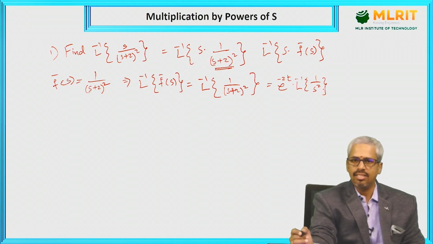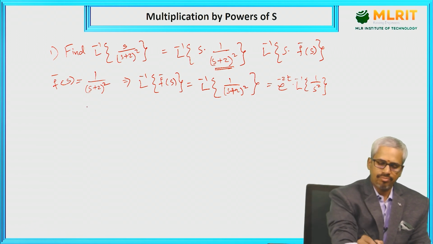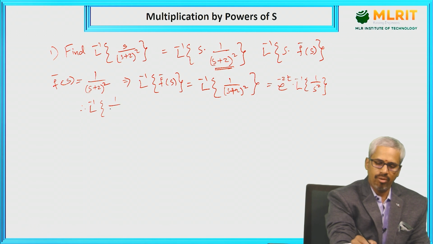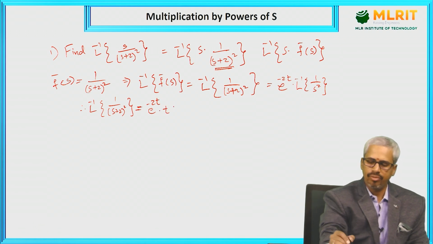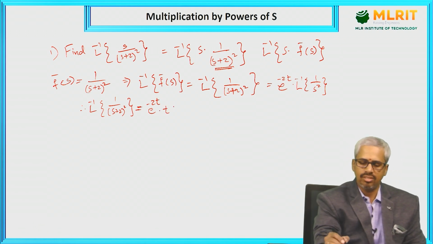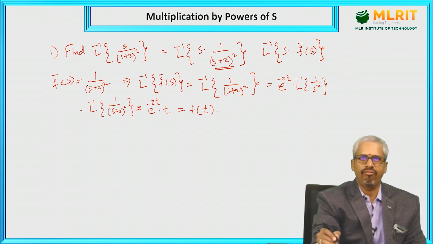So what is L inverse of 1 by s square? Therefore L inverse of 1 by s plus 2 whole square is e power minus 2t into t. L inverse of 1 by s square is t. This is some function of t, let us denote it with f of t.